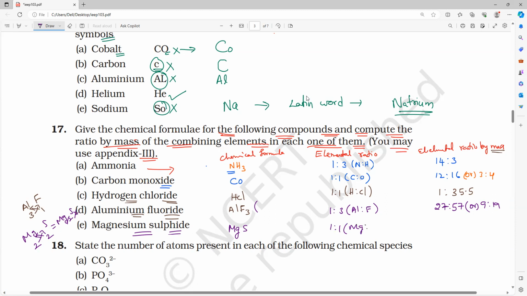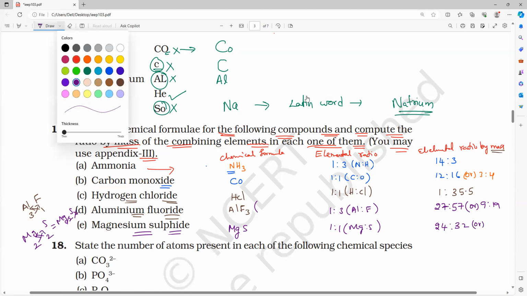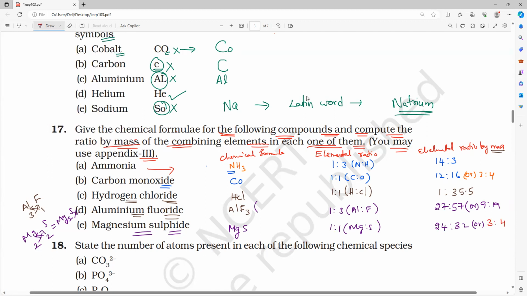So Mg is to S. So magnesium atomic mass 24. Sulfur atomic mass 32. So both are divisible by some table. Anybody can tell me? 8 table. 8 threes are 24, 8 fours are 32. So 3 is to 4.